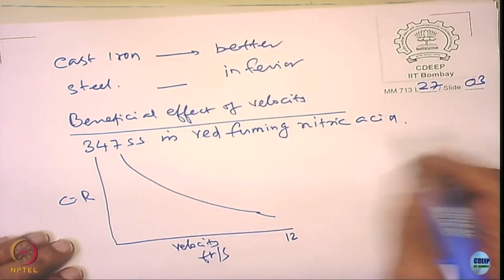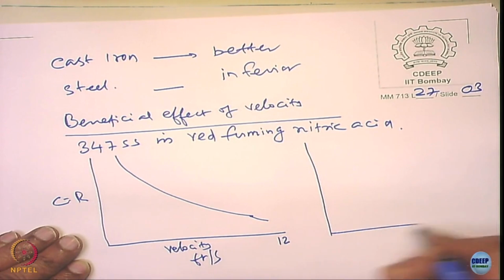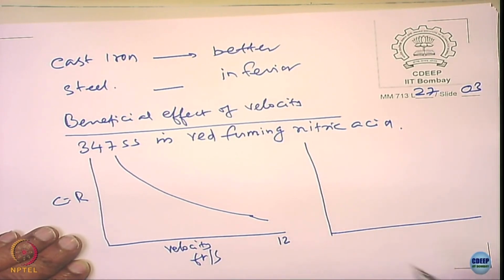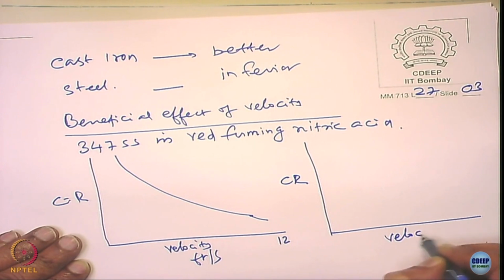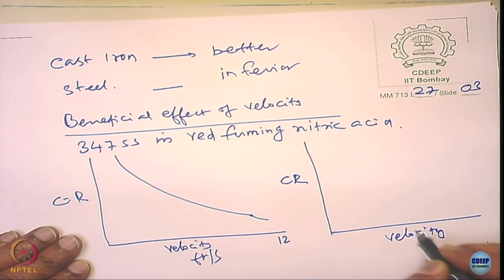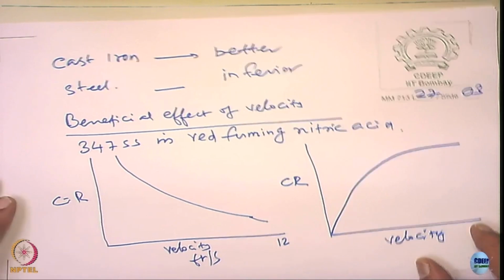In the case of aluminum alloy it is slightly different. Corrosion rate versus velocity, something like this.